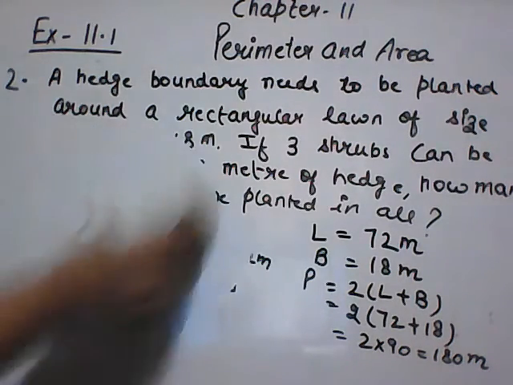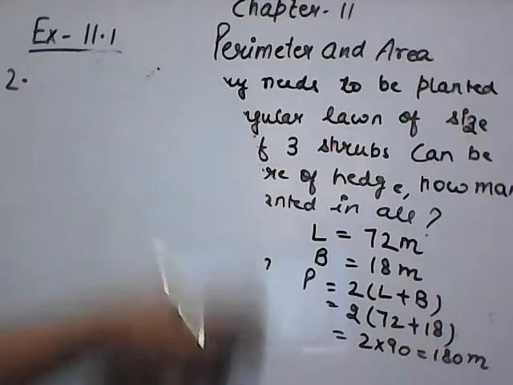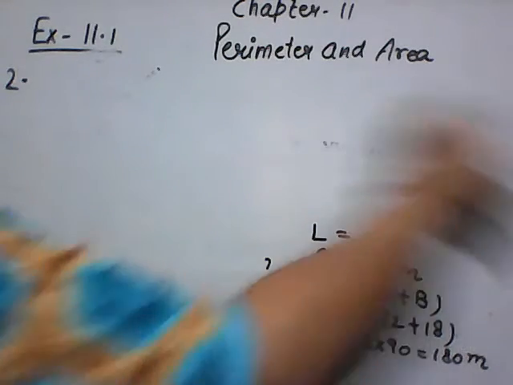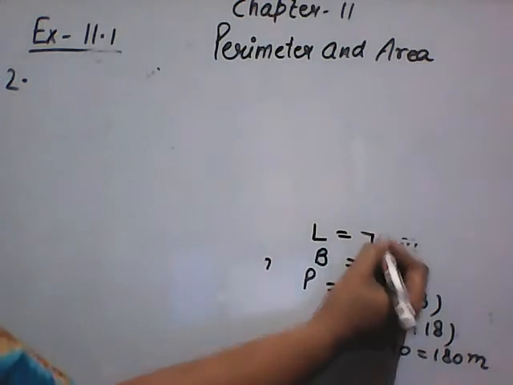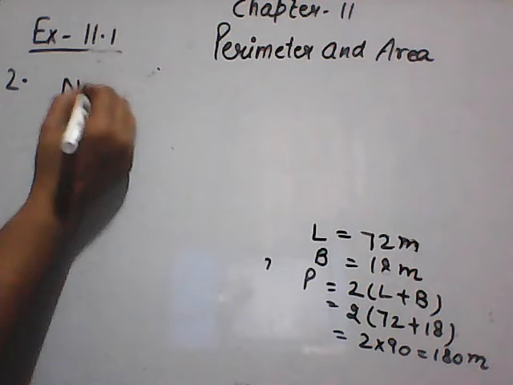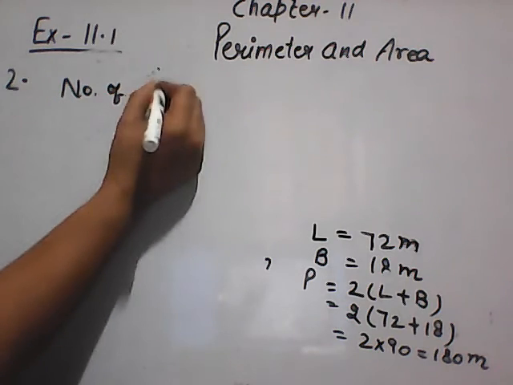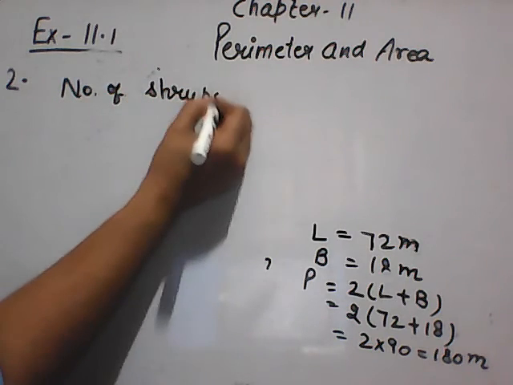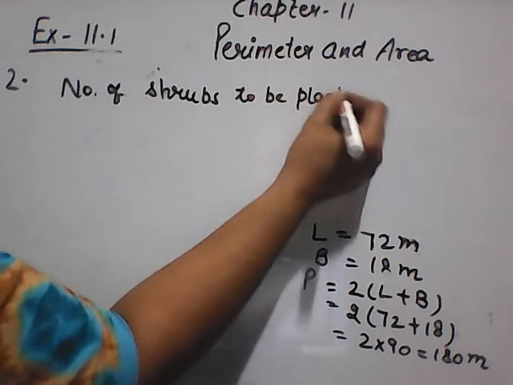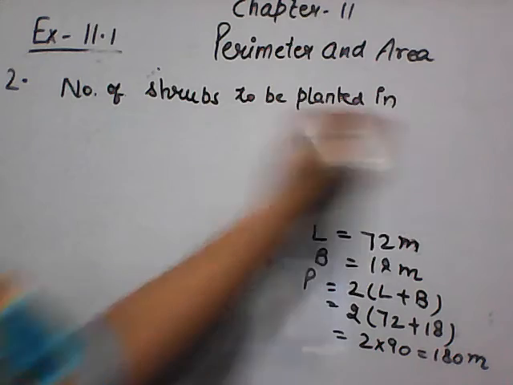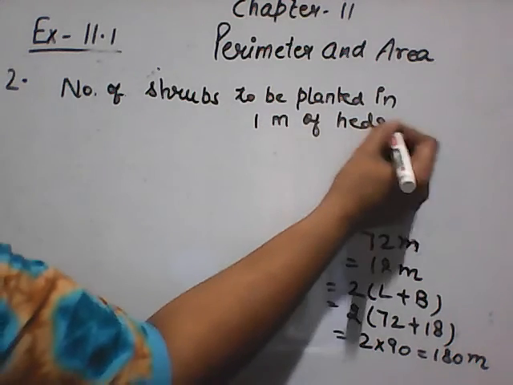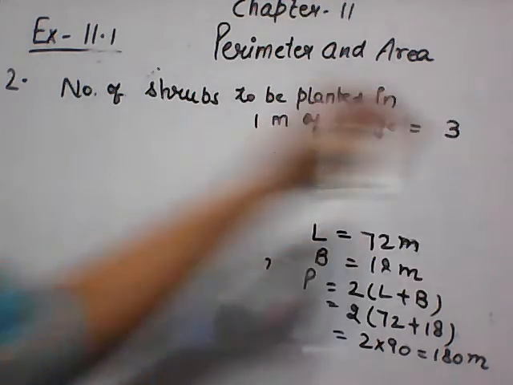The number of shrubs to be planted in 1 meter of hedge is 3; you can plant 3 shrubs around 1 meter.